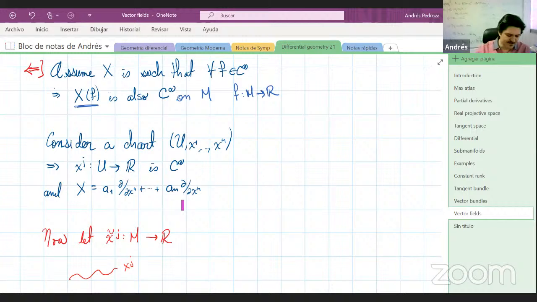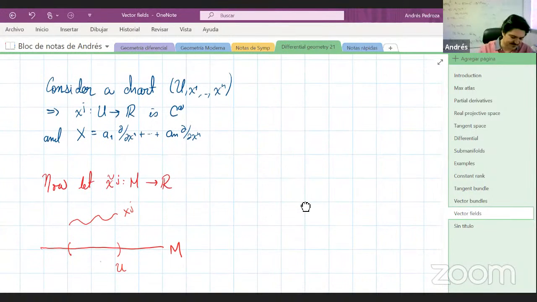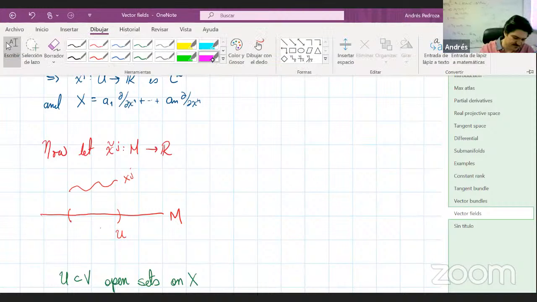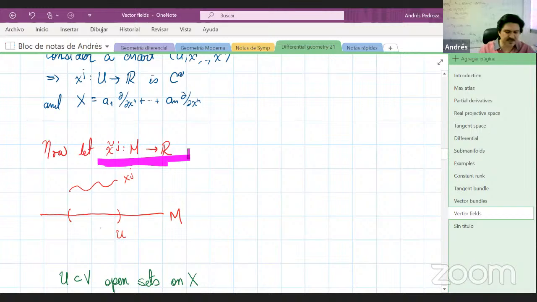Okay? And that's exactly what I was writing here. This is a smooth extension of the function xj. But again, maybe it agrees with the function xj only in a smaller neighborhood. If I put P here, then here it agrees.